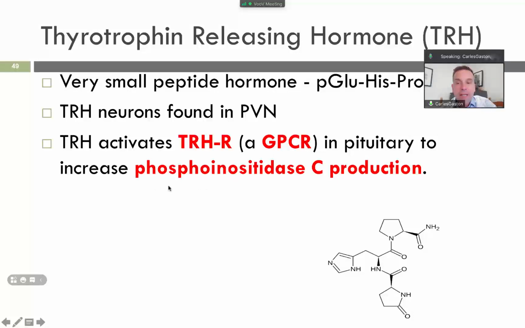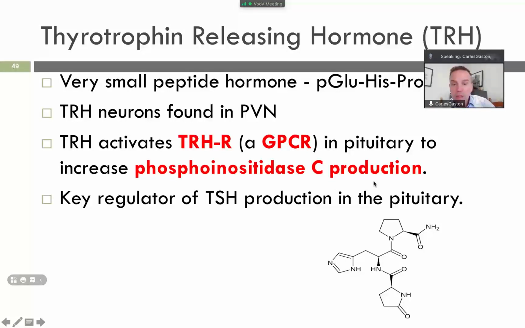It increases phosphoinositides and C production. It's a key regulator of thyroid stimulating hormone production in the pituitary gland, which in turn will activate the thyroid.